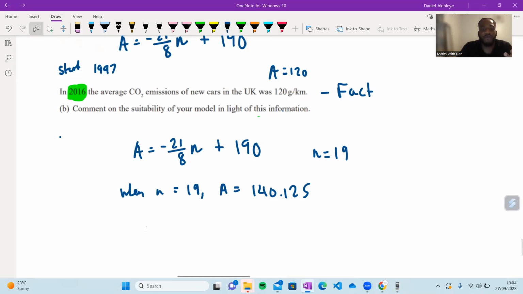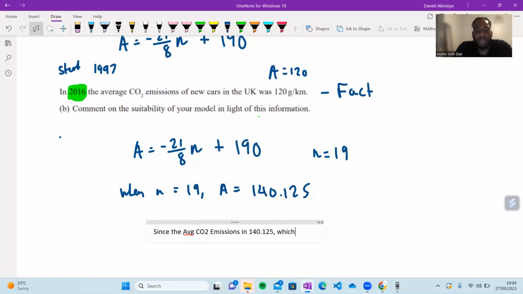All you will need to do is say: since the average CO2 emissions is 140.125, which is considerably off 120, the model is not suitable. And that's it. Does that make sense, guys?